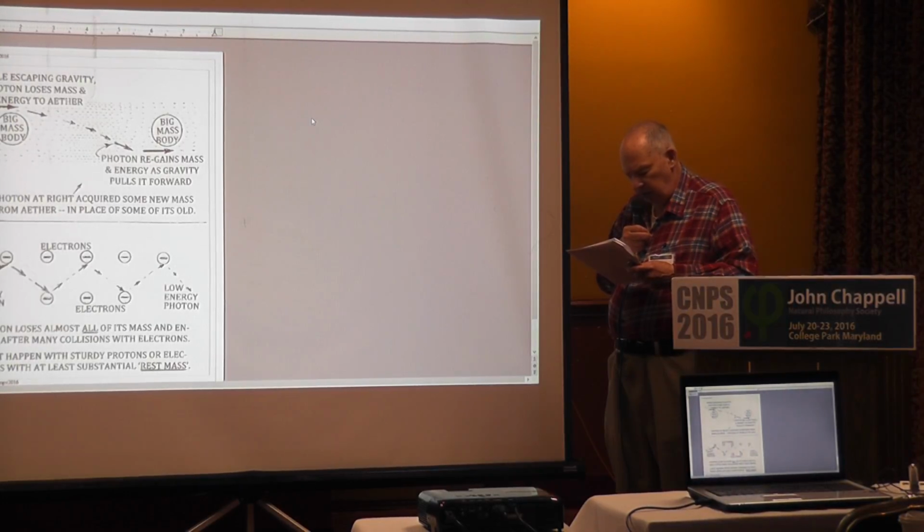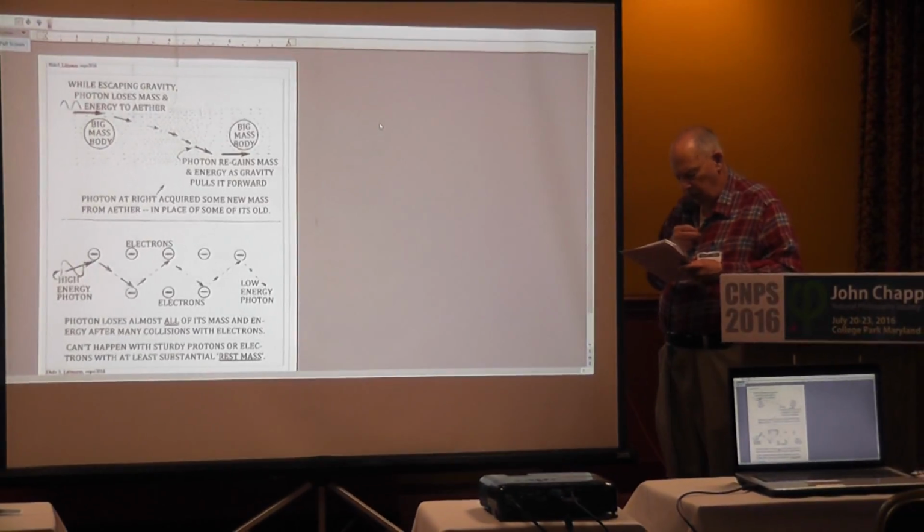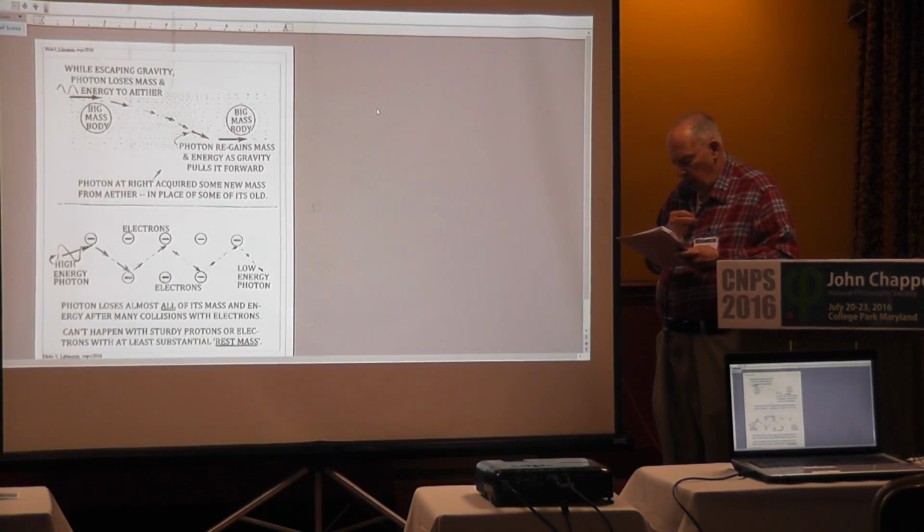But that outcome cannot happen with the sturdy proton or electron traveling that path, regardless of the deflections along the way, and regardless after that of whether it is traveling at its original speed or zero speed. The outcome is very different from the photons.